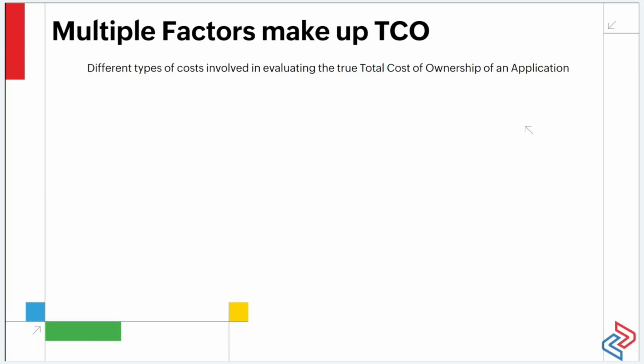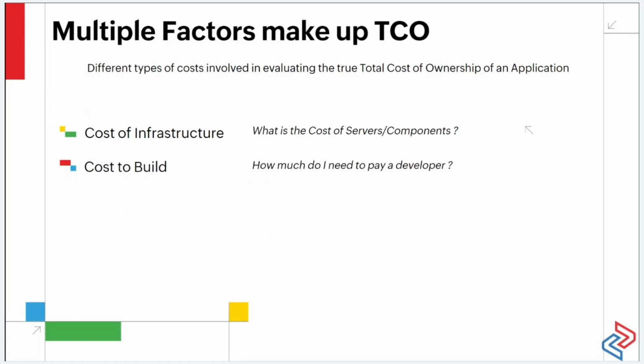So there are different types of costs that would be involved in making up the TCO. You would have the cost of infrastructure, or what is the cost of my servers and components that I'm utilizing. The cost to build, which is essentially how much I need to pay a developer to build a project. The cost to maintain, then how much I need to spend on maintaining and supporting my architecture and my code.